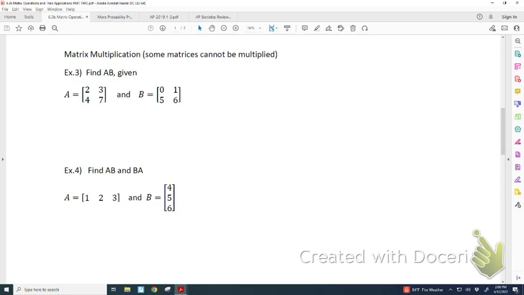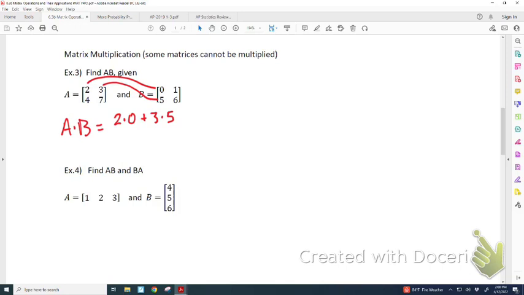So first step is multiply 2 times 0, 3 times 5. And that gives you the first element. So when I do a times b, I go 2 times 0 plus 3 times 5. So that's first row times first column. And then for the next element to the right, I need to go first row times second column.